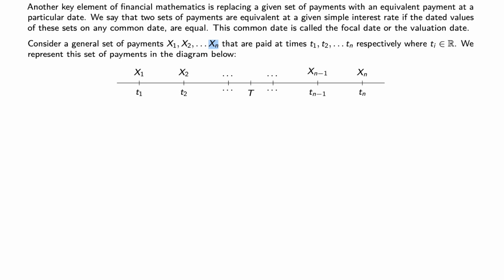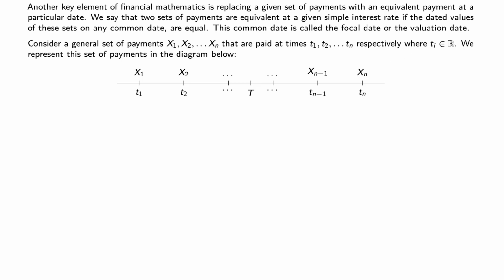In other words, we have n individual payments occurring at times t1, t2, up to tn, where ti is an element of R. Here I've drawn a diagram of this situation, where we've got x1 at time t1, x2 at time t2, and so forth up to xn at time tn.